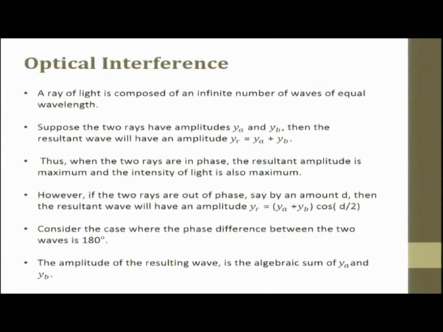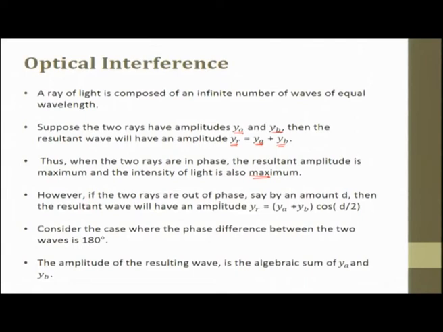A ray of light is composed of an infinite number of waves of equal wavelength. Suppose two rays have amplitudes YA and YB, then the resultant amplitude YR is going to be YA plus YB when the two rays are in phase, so maximum intensity will be there.